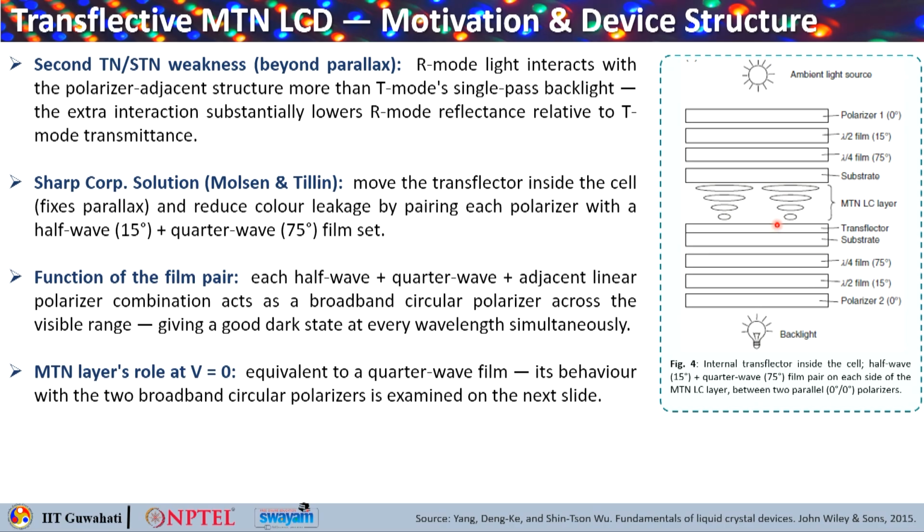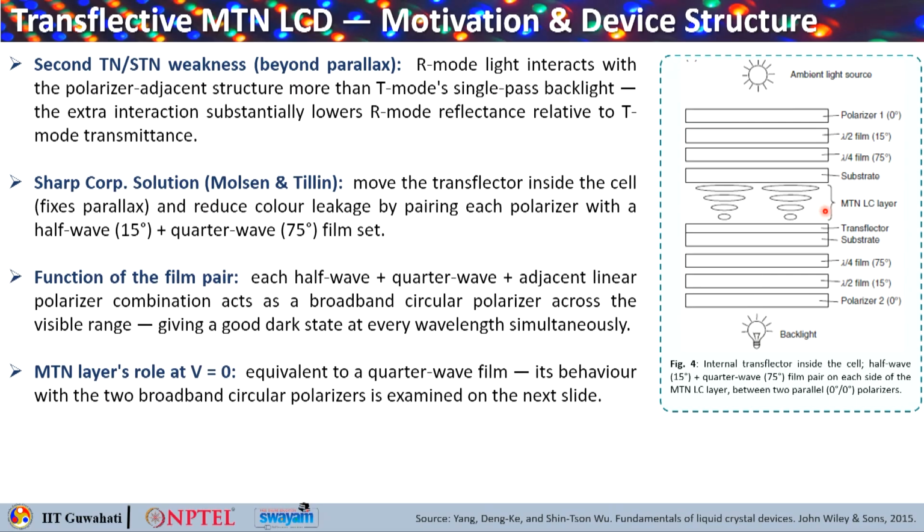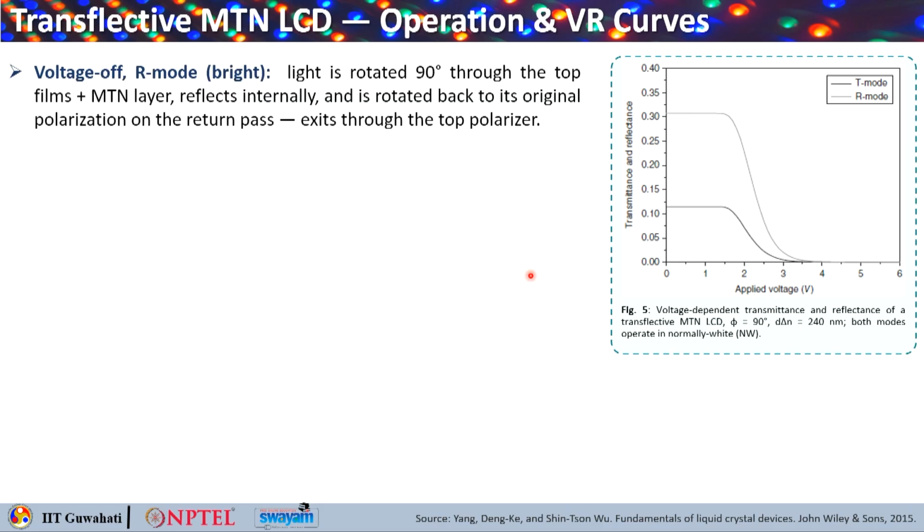Now let us examine the role of this mixed-mode twisted nematic layer at V equals 0. It is equivalent to a quarter-wave film, and this behavior with the two broadband circular polarizers is shown here.